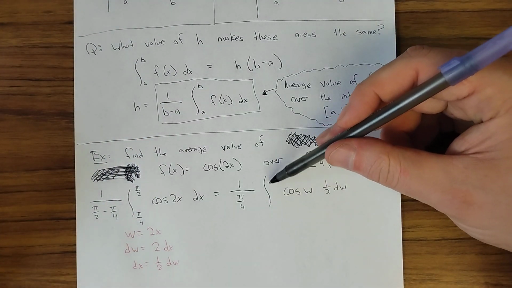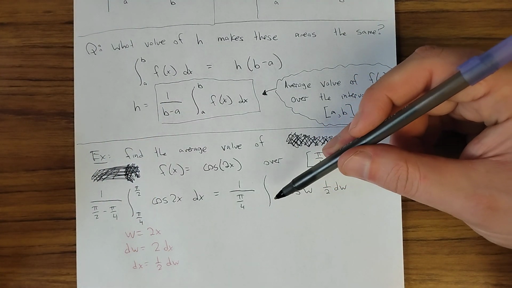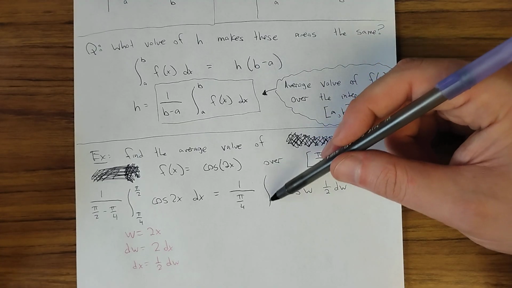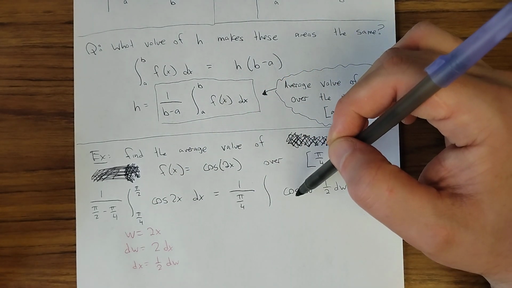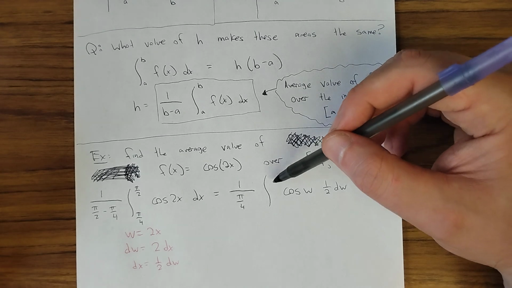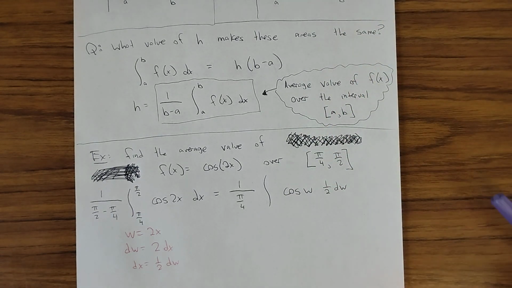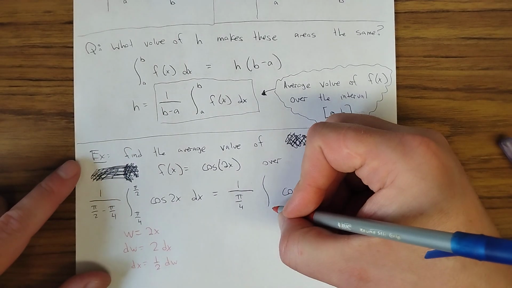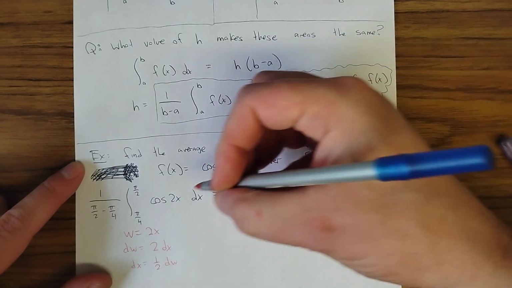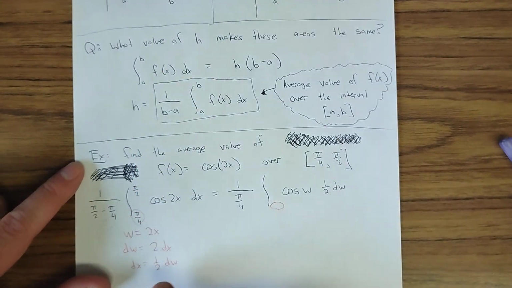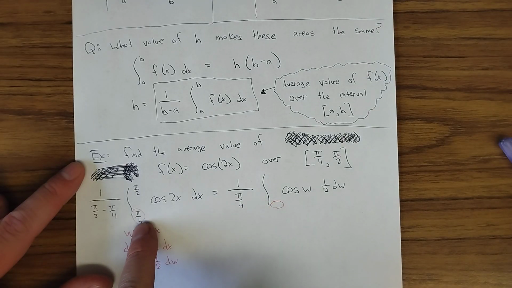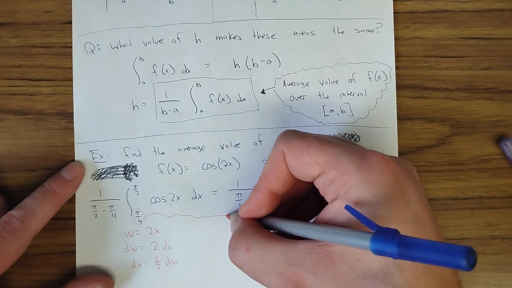And then let's talk about what happens with these limits of integration. The way I'm going to do this is I change the limits of integration. That way, once I find the antiderivative, I can put the new limits of integration right in for w. Of course, what goes here is going to be whatever w value corresponds to this x value.